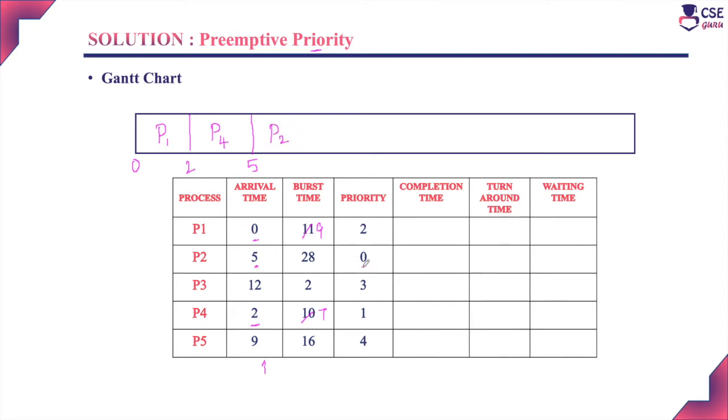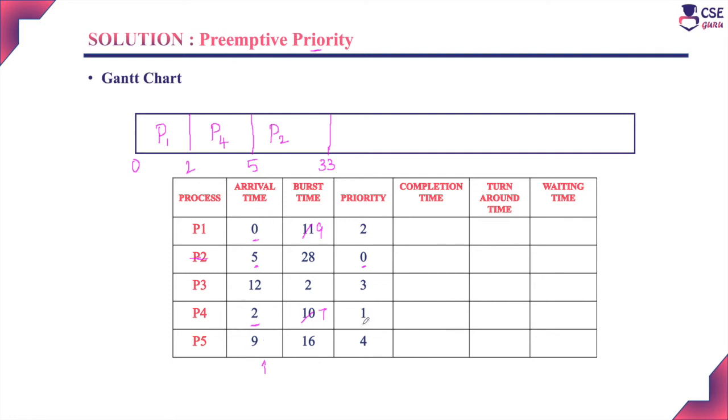Since 0 is the highest priority, whichever process enters the ready queue, P2 will complete its total execution time. So 28 plus 5 is 33. Now P2 has completed its execution and leaves the ready queue. By 33 milliseconds, all the processes are available in the ready queue.